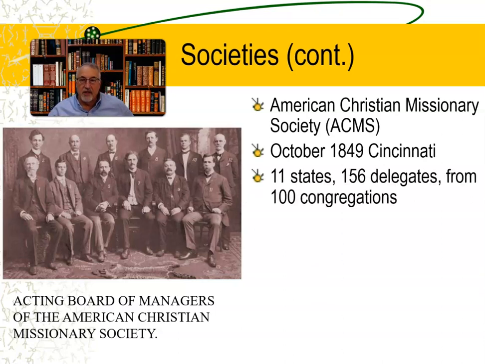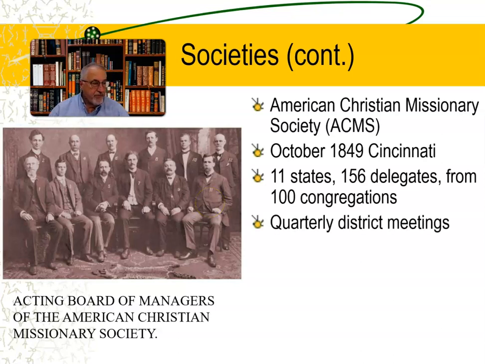Eventually it will take into account 11 different states, 100 different congregations, and 156 delegates. It was organized to have quarterly meetings, 4 times a year, and an annual state meeting. So that means there would be a state meeting in 11 states, and there would be quarterly meetings as well, and 156 delegates. All right.